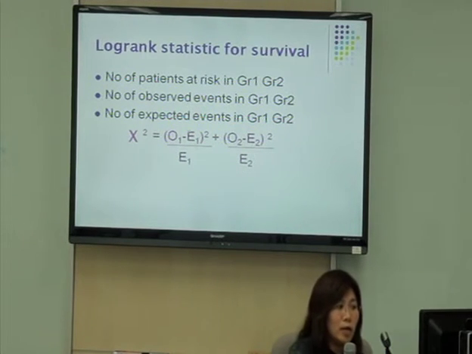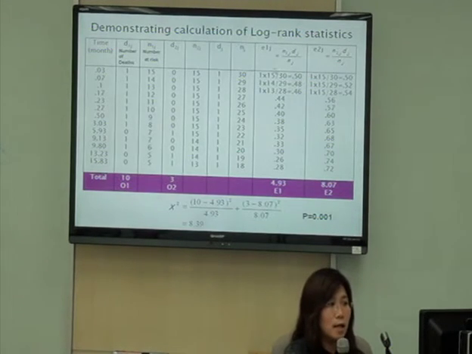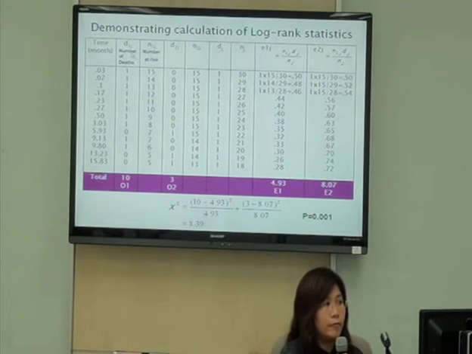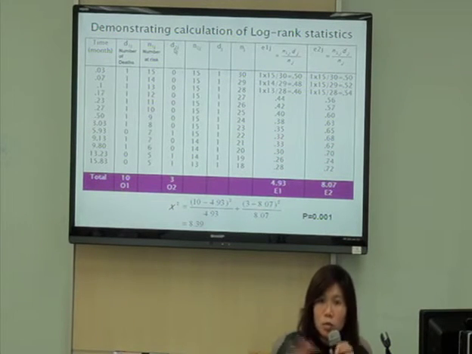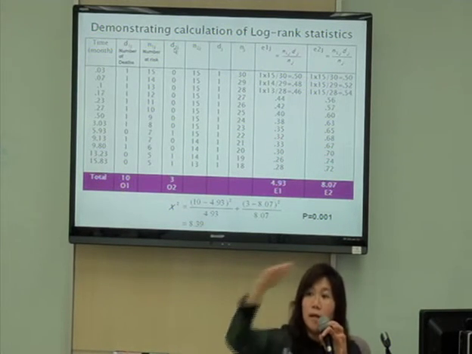So the way to calculate E here is that you have the times that have events, dynamic here, and d means the number of deaths, n means the number at risk. Right now you have group 1 and group 2 because you want to compare between two curves, two groups.